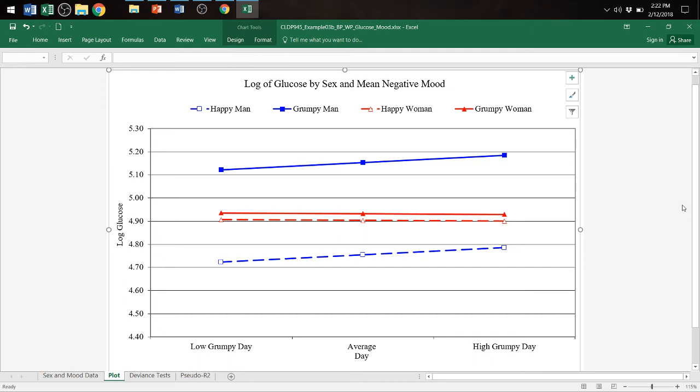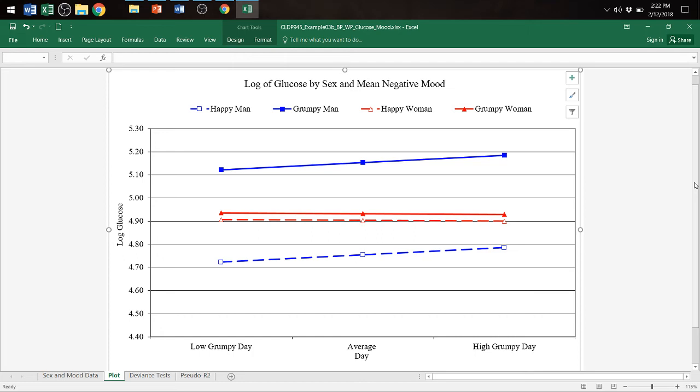Here's your next softball: within-person effect at level 1. There we go. So the blue lines have a positive slope because the men had a significant within-person effect. The red lines have a 0 slope. The women did not have a significant within-person effect.